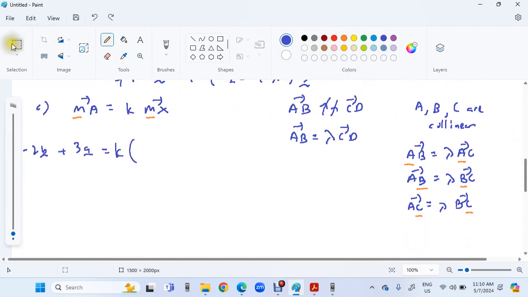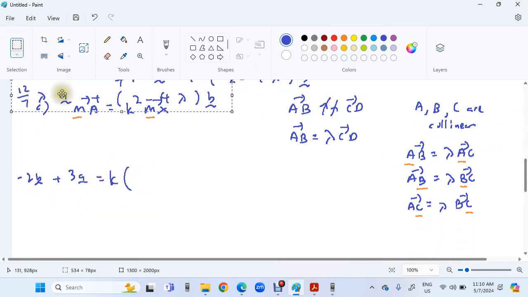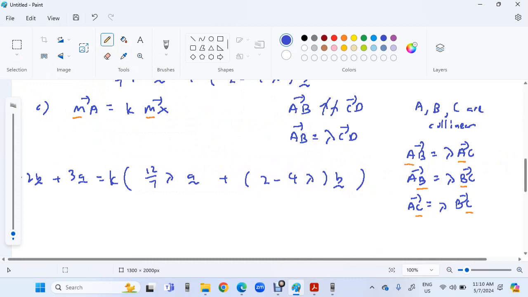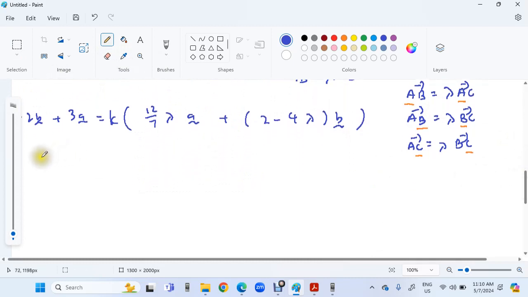So this is equal to K of this one. Then we have 3A plus 2B equal to 12 over 7 K lambda A plus K 2 minus 4 lambda B.